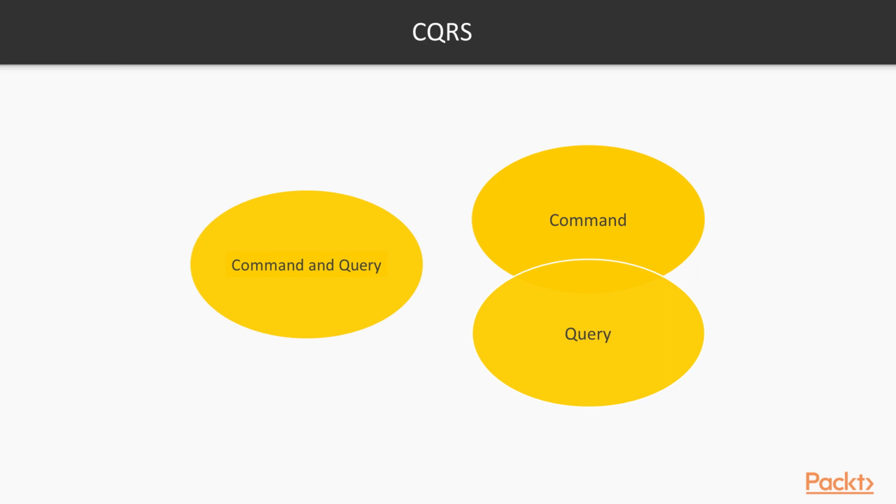And if I want to know the total amount a particular person has in their balance, or if I want to know the total balance of all accounts, then I will go to the query side. This enables me to have smaller and isolated parts of my application, and the command and query sides can evolve independently. It also has benefits like asynchronicity, and my read side can scale independently of the write side.